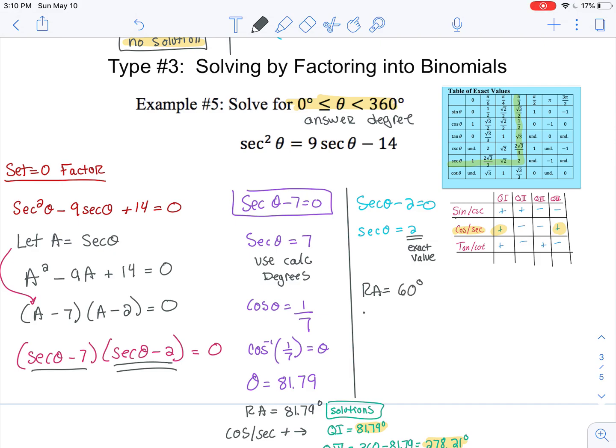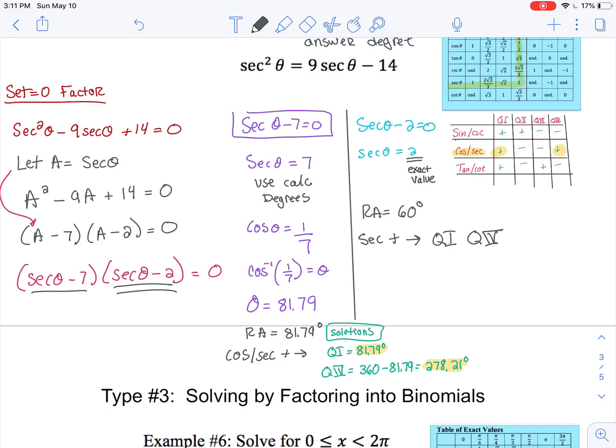I need to know when is secant positive? We're going to be in the same quadrants again. That's in quadrant 1 and quadrant 4. So I can now come up with my solutions.